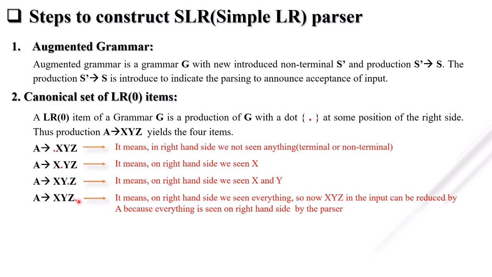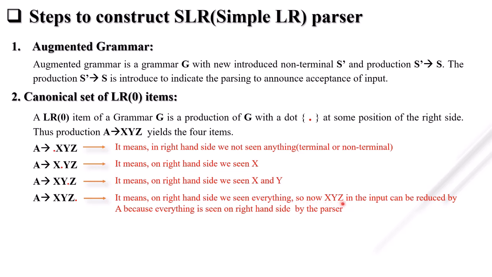So now X, Y, Z is the input. If it is in the input, then we can reduce this X, Y, Z with capital A. Okay, if the dot is shifted to the last, after the last non-terminal or terminal, then and only then can we reduce this production with capital A. It means on the right hand side we have seen everything.